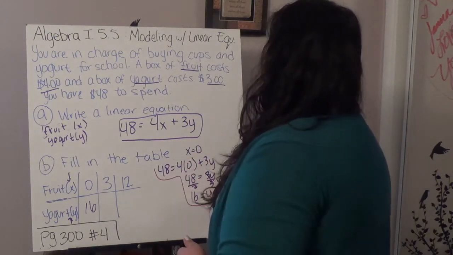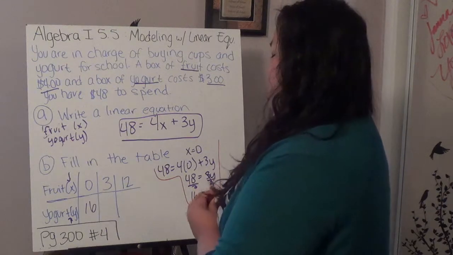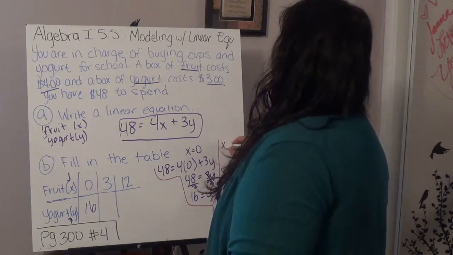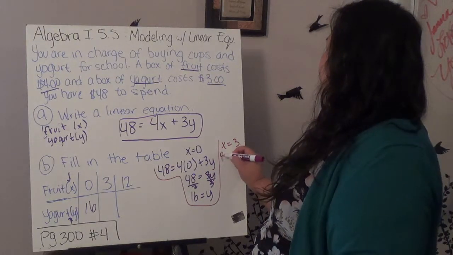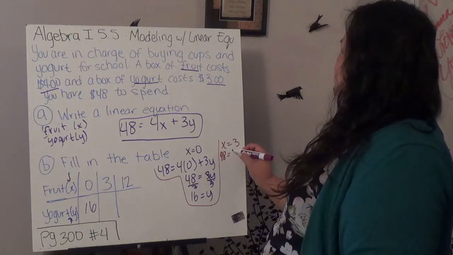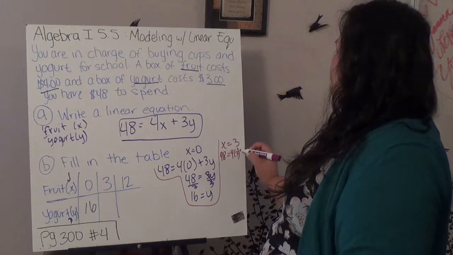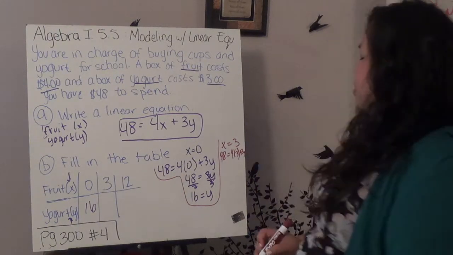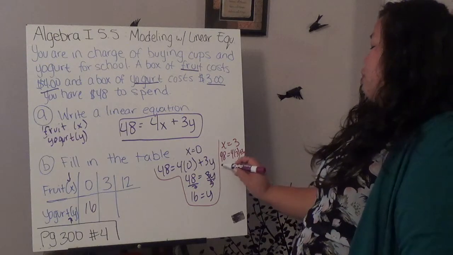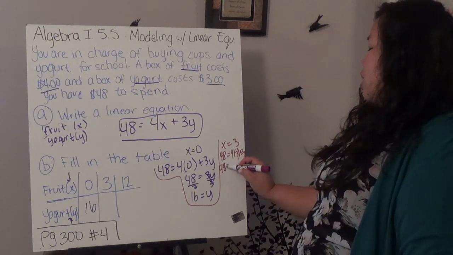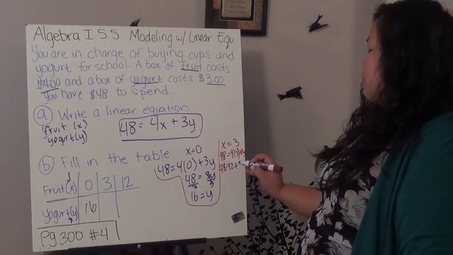Alright, what if I bought 3? So x equals 3. Well, I have 48 equals 4 times 3 plus 3y. Sorry about the scrunch up. So 48 equals 12 plus 3y.